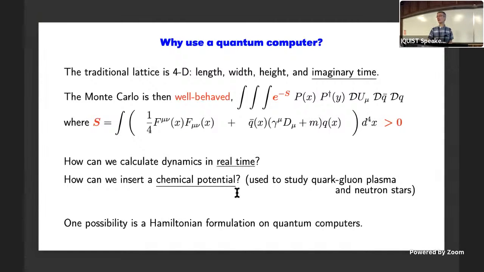And in that case, the Monte Carlo approach that has been so successful is not the approach that you're going to need to use. An alternative would be to use a Hamiltonian approach to this quantum field theory. You would have a big Hamiltonian, which would be acting on a state vector, but the state vector is going to be enormous. In the Monte Carlo approach, we didn't have to store the state vector.